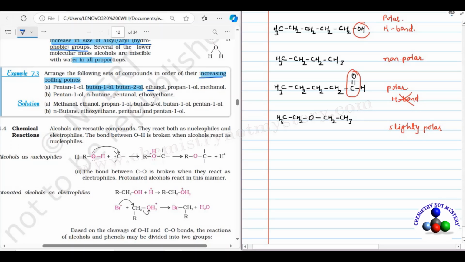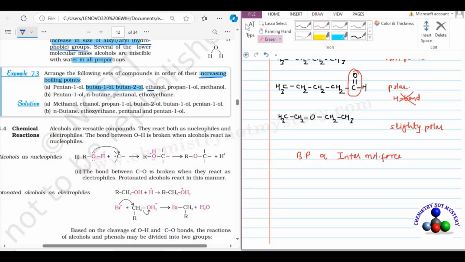And we have discussed earlier also, boiling point is directly proportional to the intermolecular force of attraction. Hydrogen bonding is a strong force of attraction. That's why pentane-1-ol will have the highest boiling point, because strong hydrogen bonding is also present in the molecule.